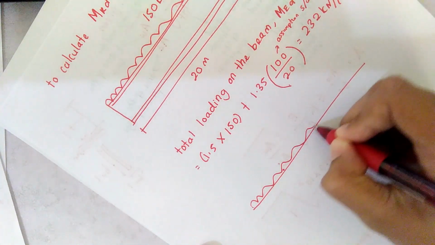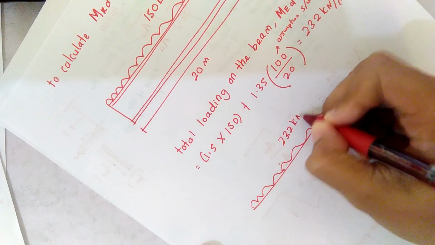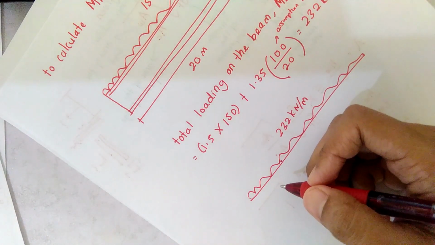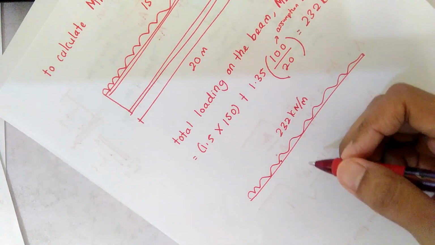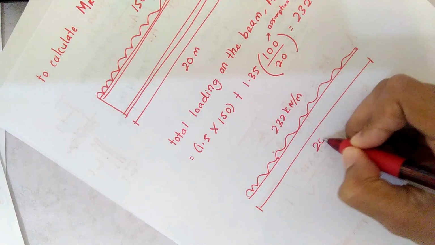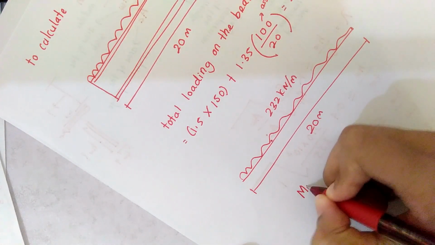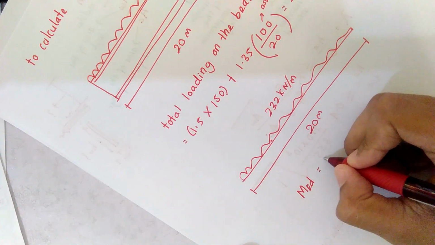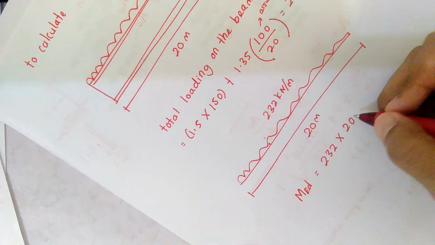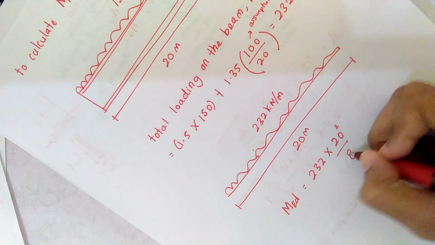For a UDL, when you have 232 kilonewton per meter with a span of 20 meters, MED is equivalent to 232 times 20 squared over 8, isn't it?